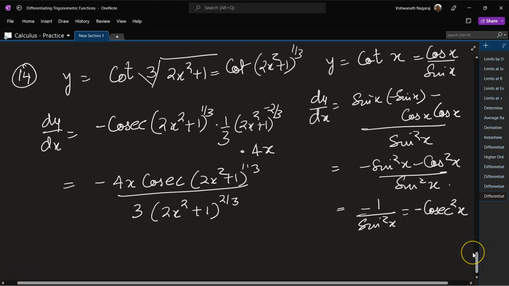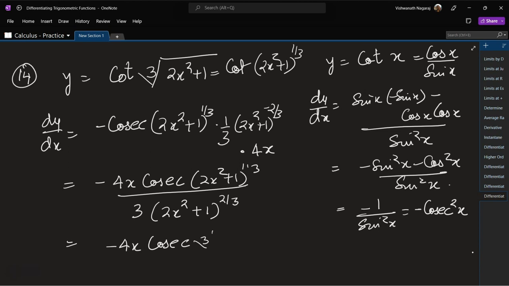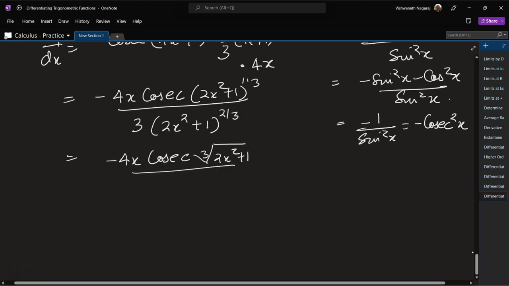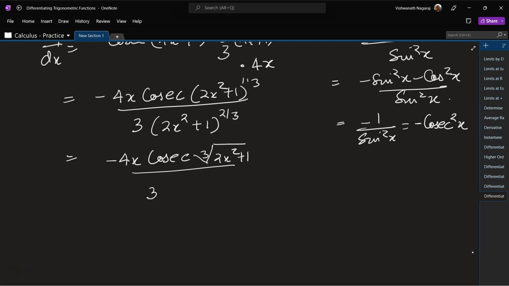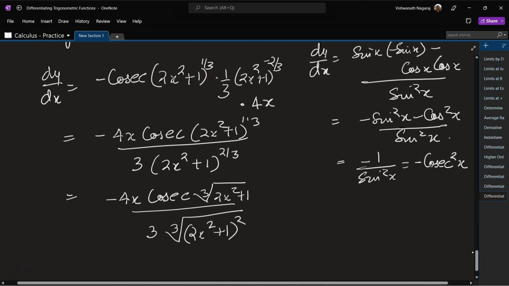And if we have to write the answer in the form in which they had given in the question, we would write it as minus 4x cosec cube root of 2x square plus 1 divided by 3 times, this would be what? Cube root of 2x square plus 1 square. Okay, that is the 14th one.